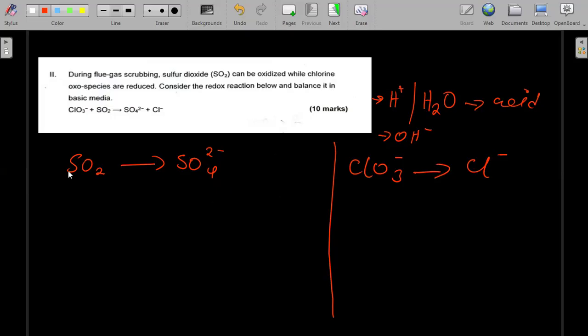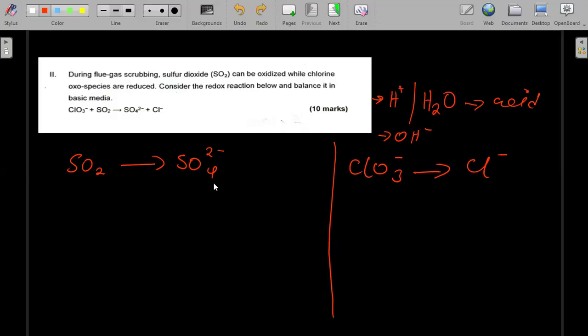For the oxidation reaction, we're having sulfur. You check if sulfur is balanced. We're having one sulfur there, one sulfur there. It means that sulfur is balanced. We check the reduction half reaction. You can see we're having chlorine there, one, also that side one. So chlorine is balanced. So the other atoms are balanced.